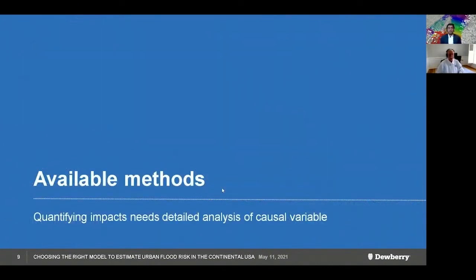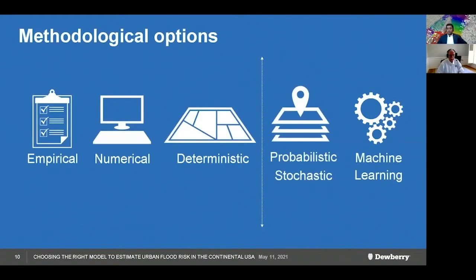So the available methods. Quantifying impacts needs detailed analysis of all the causal variables and the interplay of the different causal variables. Commonly available methodological options include empirical relationships with watershed numerical models and deterministic analysis approaches.